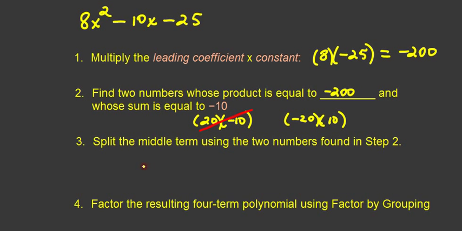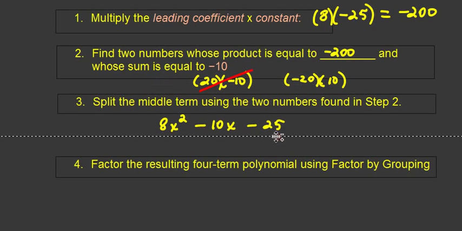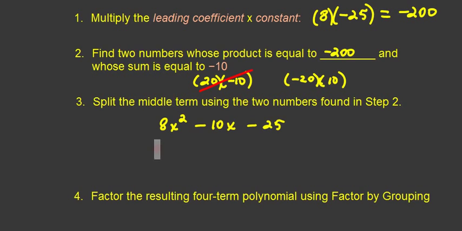We'll take the 8x squared minus 10x minus 25, and we split the middle term so that it looks like this. We have 8x squared.